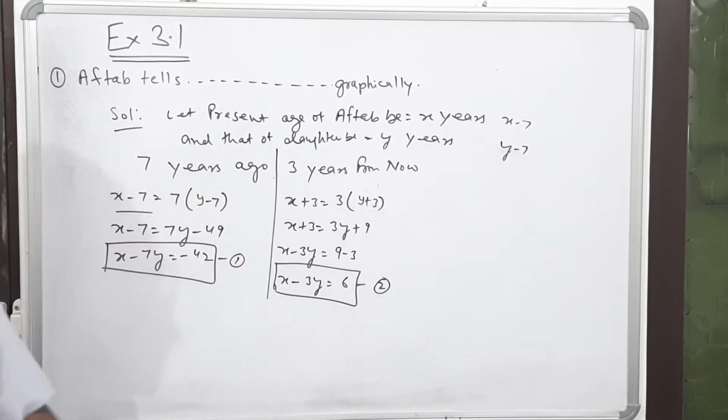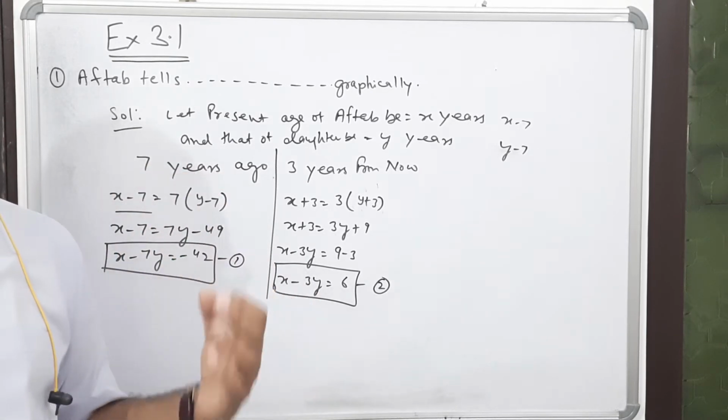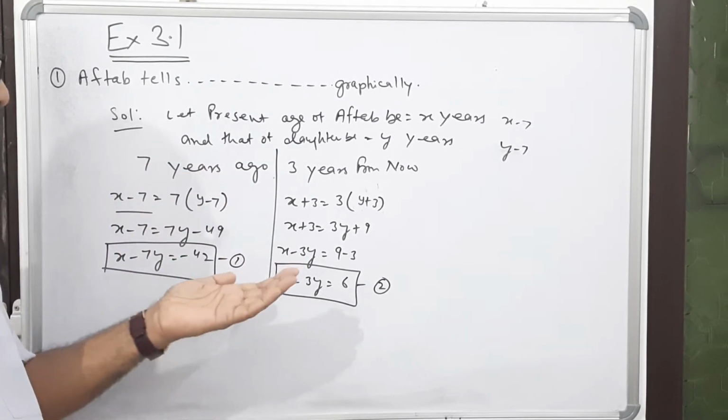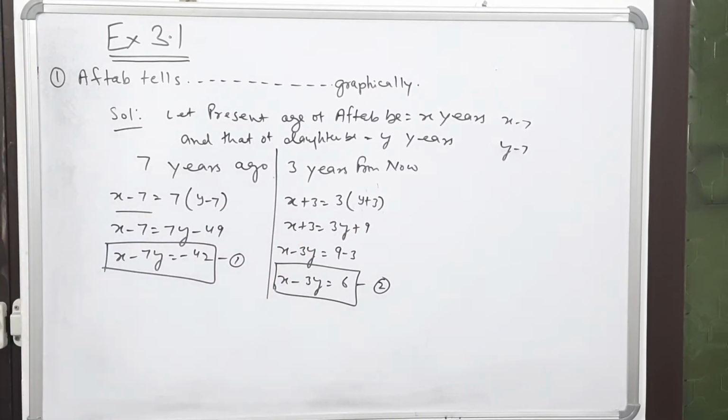So the first part is to represent the condition in algebraic form. Now I am explaining the second part, which is to convert into graphical form.